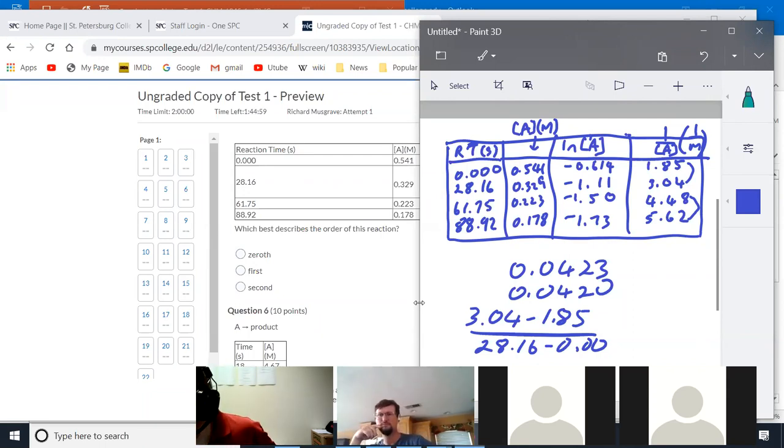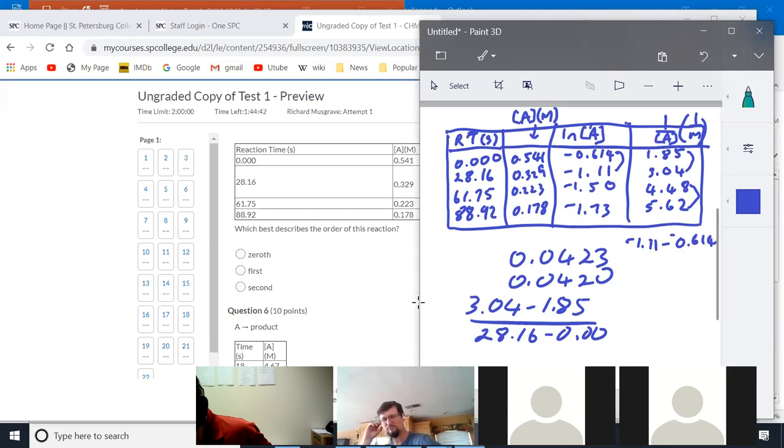Okay, so I'll just do these two slopes here. So these 2 points here, and it would be negative 1.11 minus negative 0.614 over 28.16 minus 0.00.